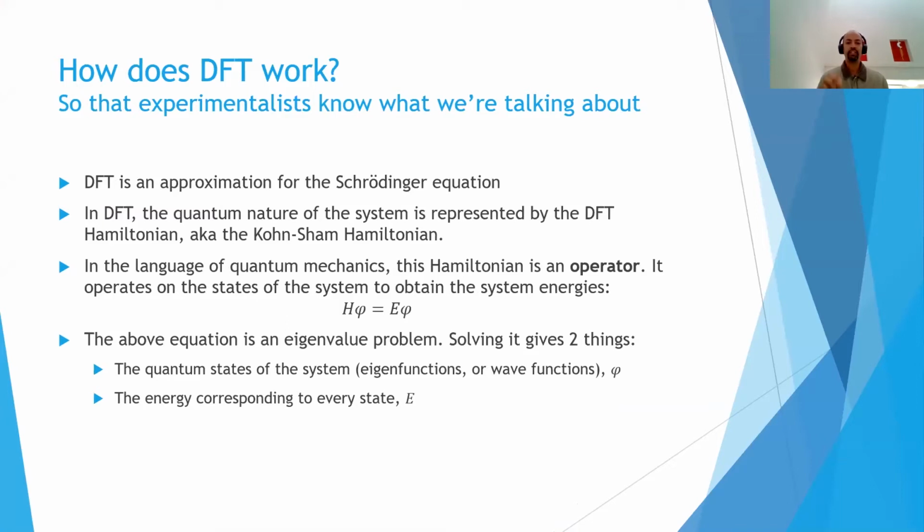The quantum nature of the system, as I'm writing here, is represented by the DFT Hamiltonian. The word Hamiltonian, you might have heard in a quantum mechanics course. It's basically an operator. It operates on the quantum state of the system and brings us the energy of that system. That's what quantum mechanics is about.